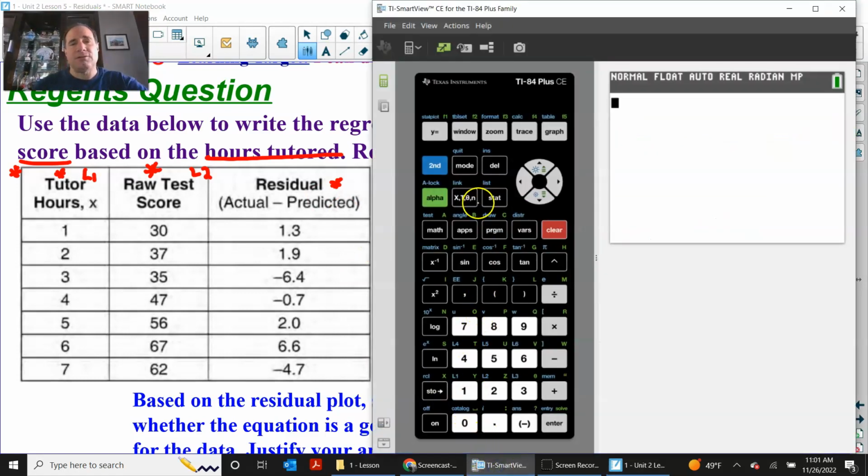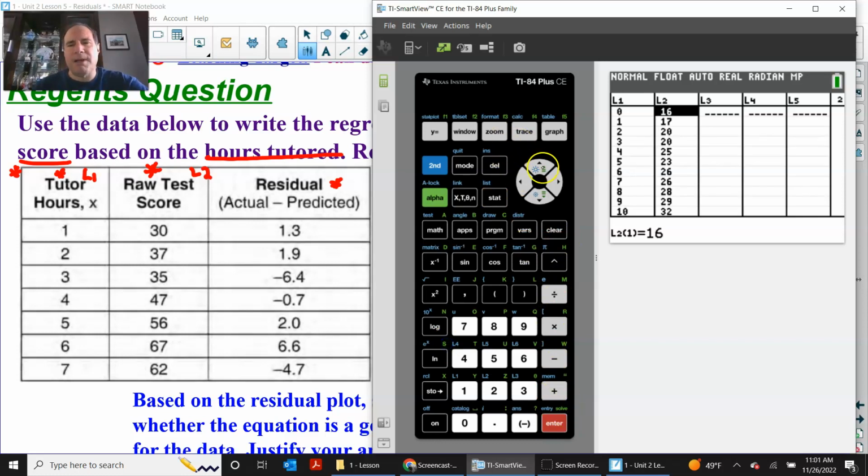That's important, so you actually follow those directions. When I go back to my L1 and L2, I have to clear my lists. So go up to L2, press clear. Go up to L1, press clear, and then press enter. So now we're going to have 1, 2, 3, 4, 5, 6, and 7.